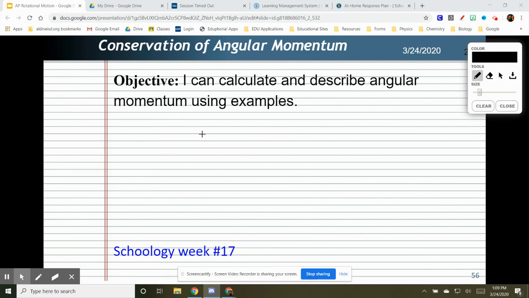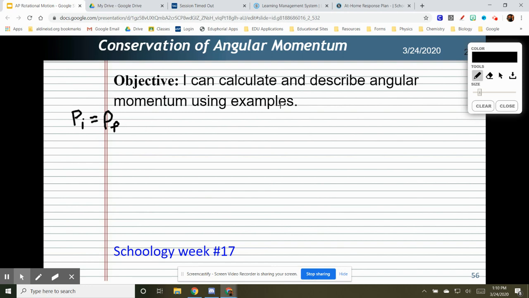Very good, Jayla. You would write linear momentum initial equals linear momentum final. And what should we add to Jayla's expression here?